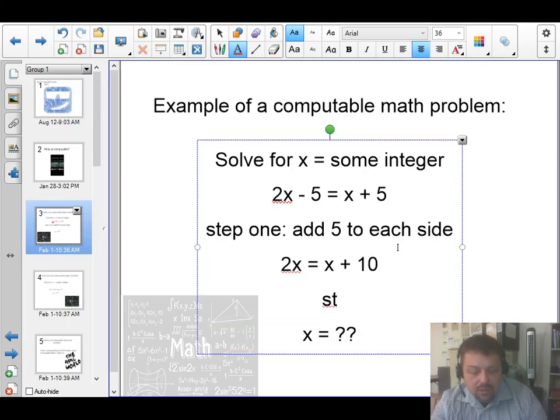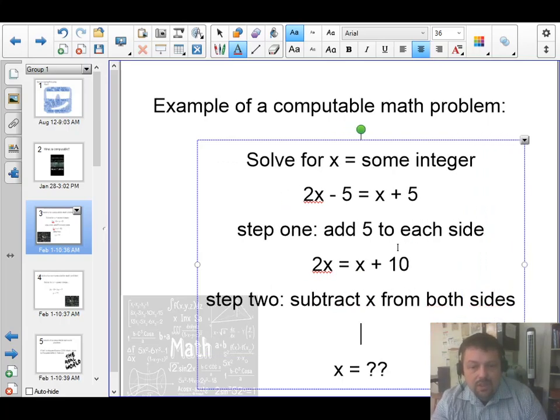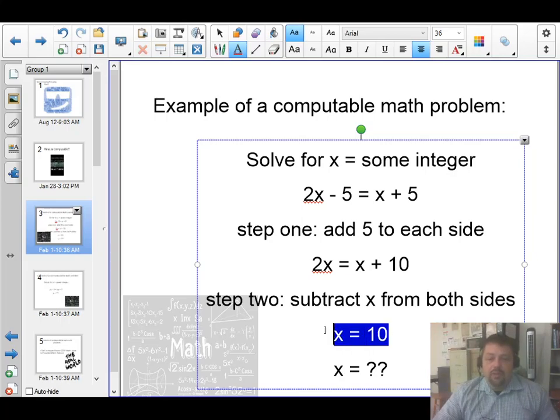And step two is going to be to subtract x from both sides. So that's going to look like this: 2x minus x is x, and x minus 10 minus x is just 10. So here we have it. We have solved the problem. It is computable. We used these two steps to get to where we needed to be.